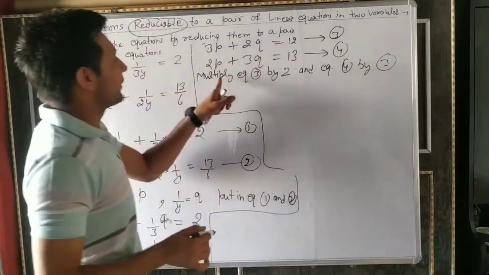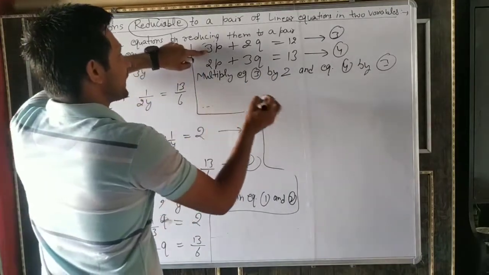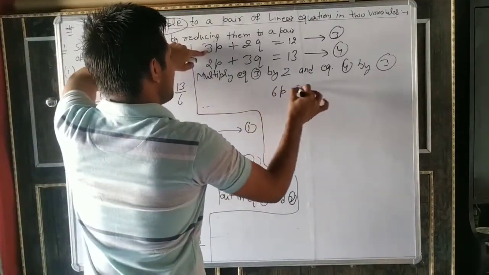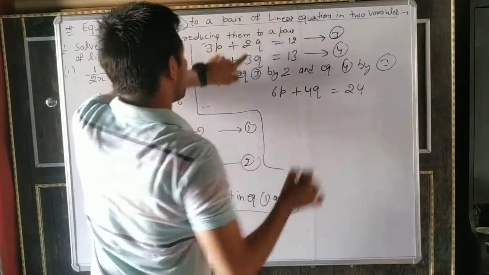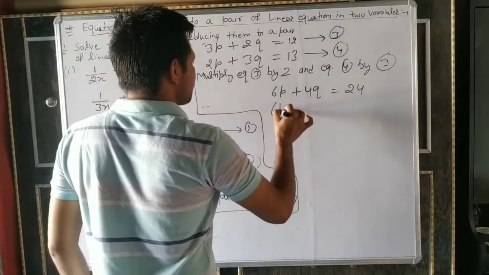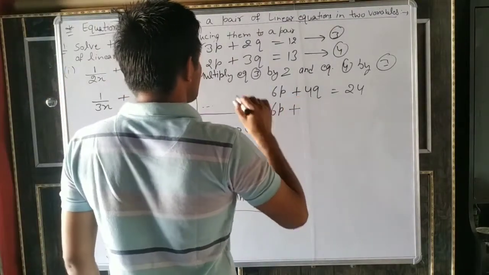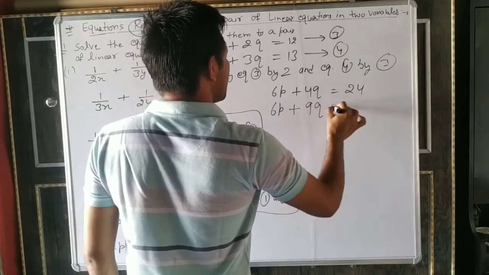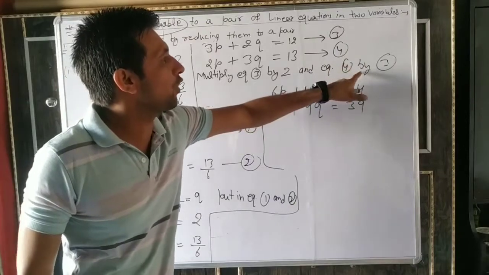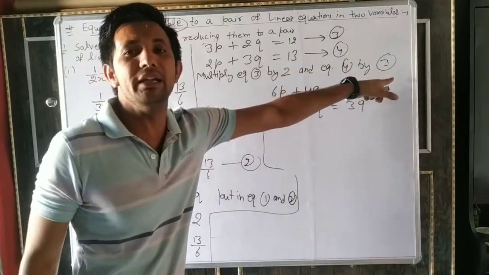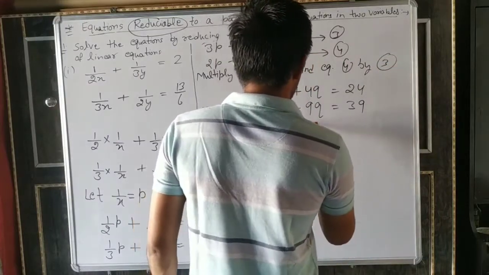So multiply equation 3 by 2: 6p plus 4q equal to 24. And multiply equation 4 by 3: 6p plus 9q equal to 39. And everyone knows we want to solve.